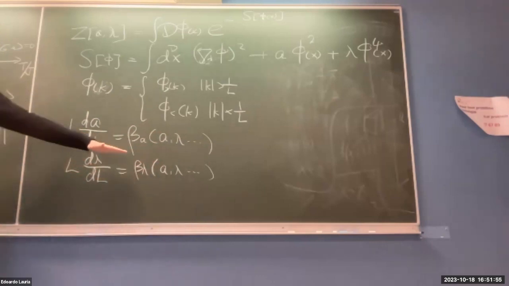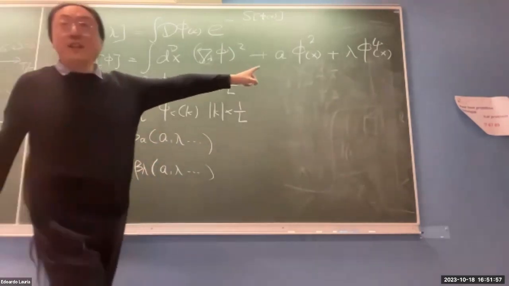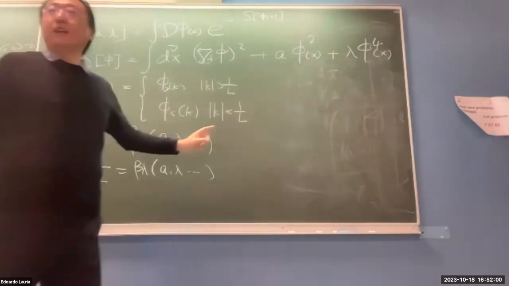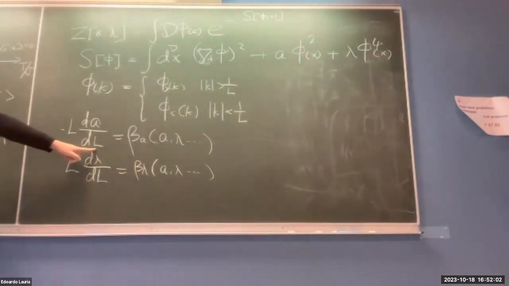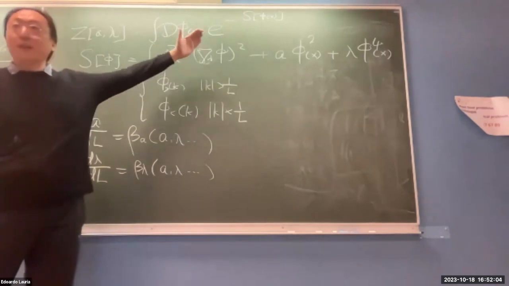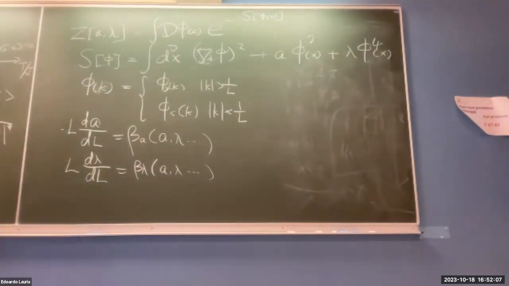So this gives me the running of my coupling constant as a function of the cutoff scale, which is the momentum I integrated out. Okay, that's a crash course on renormalization. But as I said, this is not concrete if you are not doing it in some very special limits, like the epsilon expansion or some long-range model perturbative limits.